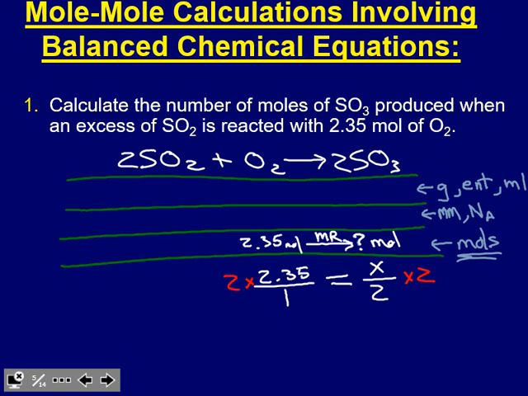By multiplying by 2, I have x by itself at this point, and x equals, well, what's 2 times 2.35? 4.70. Which means my question mark is 4.70 because there's twice as many. Therefore, we can say there is 4.70 moles of SO3.